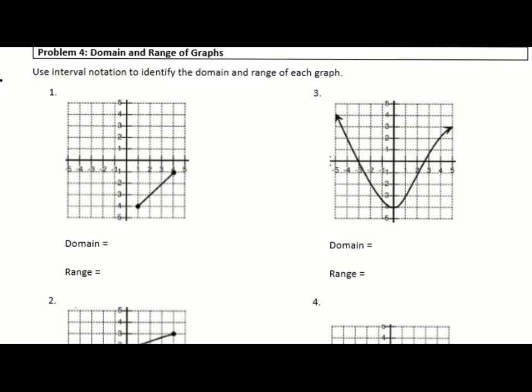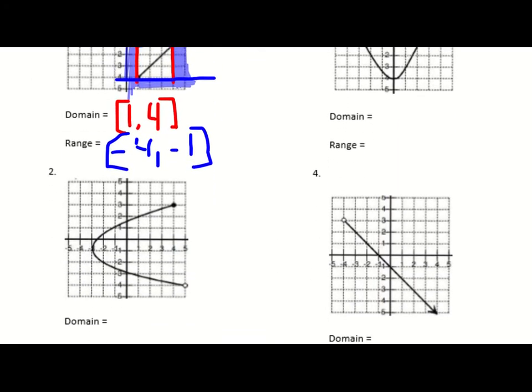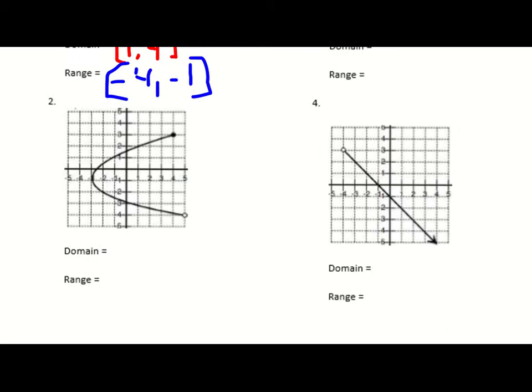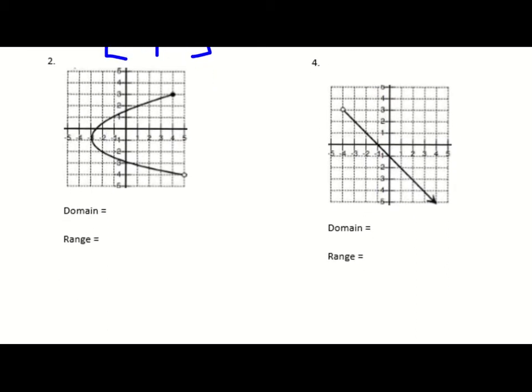Let's take a look at number 2 next, finding the domain and range of this graph. Again, to make it easier, I usually trace the outside to pinpoint exactly where my graph is. I'm going to shade in where my highest point is, over here where my leftmost part of the graph is, and down here.